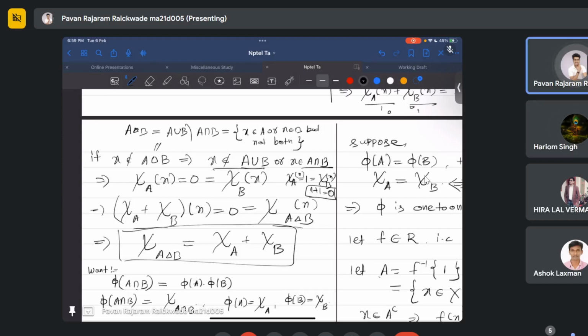So if I take an element which is not in the symmetric difference, then what can you say? Either it is not in A and not in B, or it is in both, right? Is it clear?